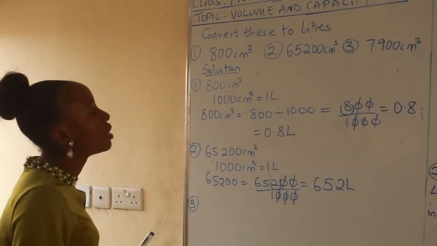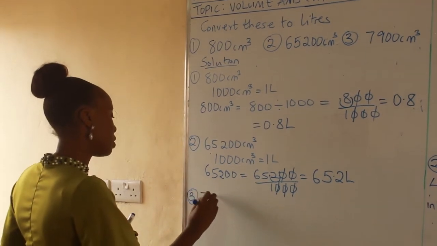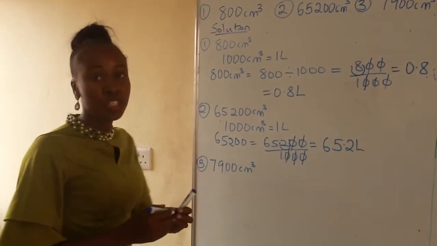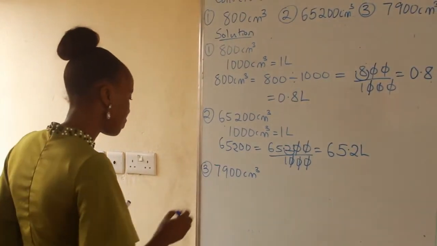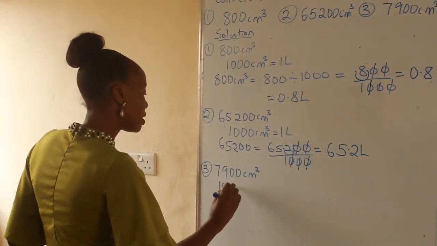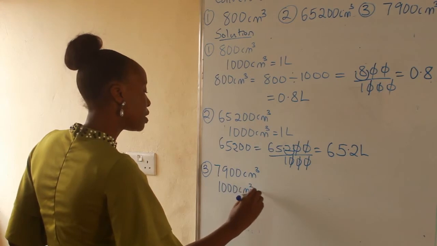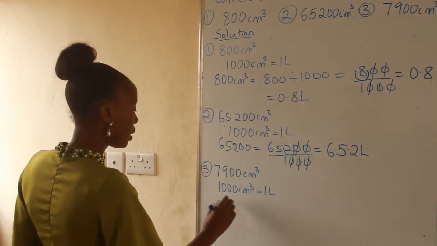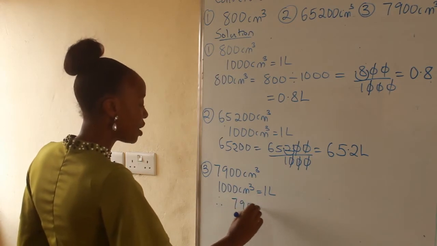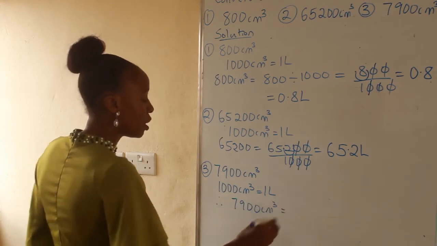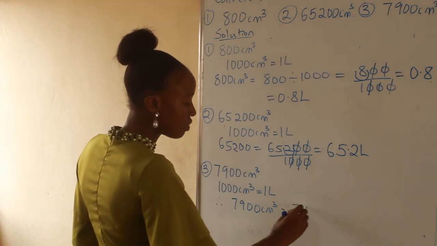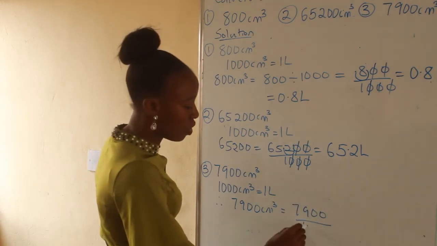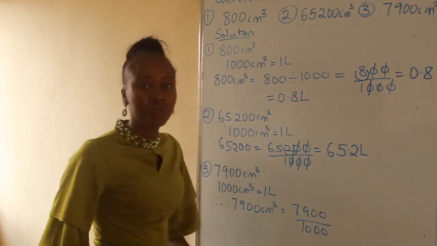Alright. The third question is 7,900 cm cube to be changed to liters. 1000 cm cube is equal to 1 liter. Therefore, 7,900 cm cube equals 7,900 divided by 1000.